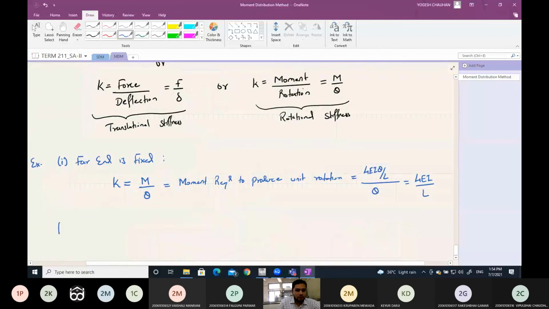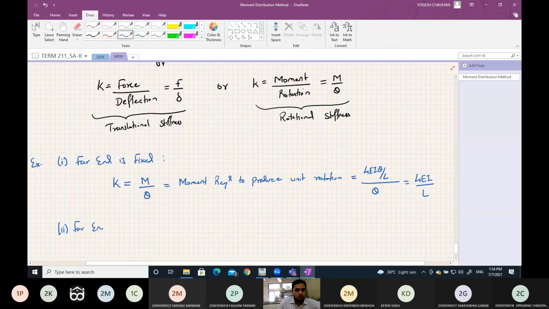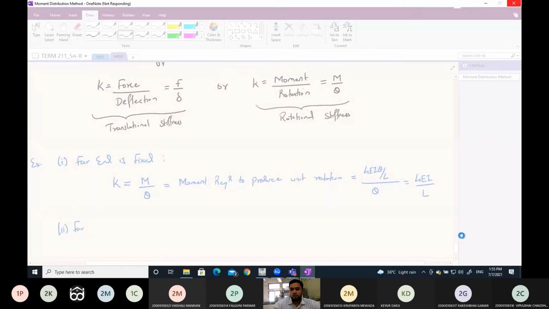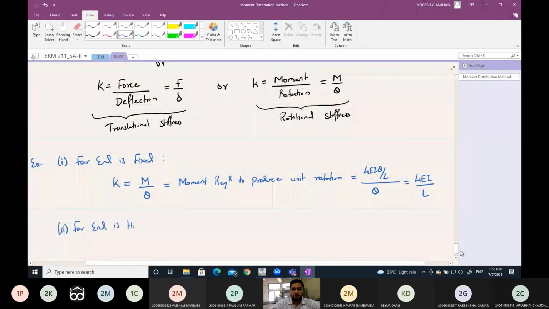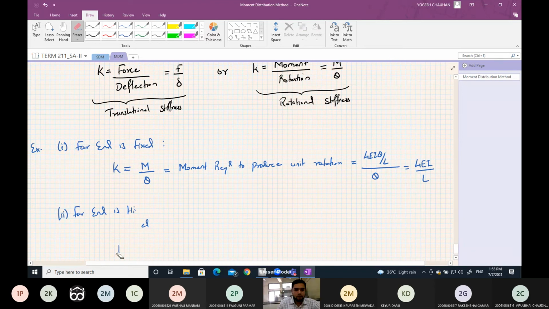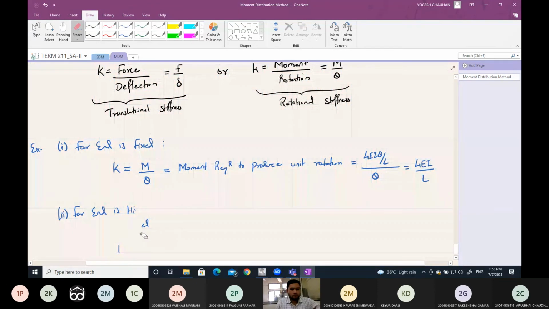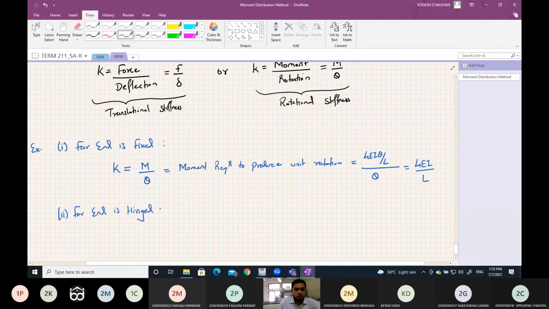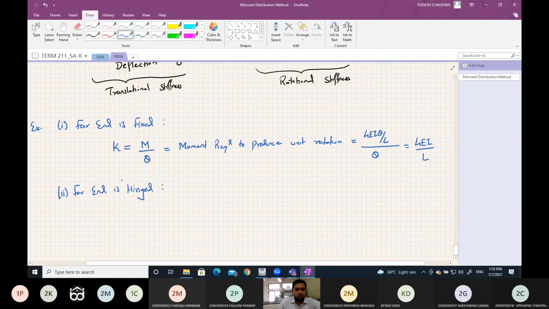Okay, and similarly when the far end is hinged, moment required to produce unit rotation.